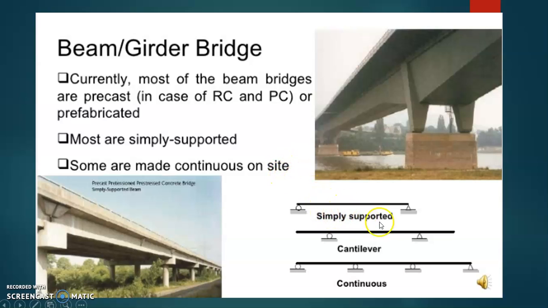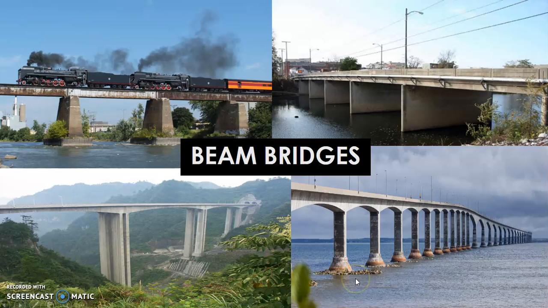We have simply supported, we have cantilever, and we have also continuous. If we need a longer beam bridge, maybe we will use the continuous one. But of course, we need to construct it simply supported plus simply supported, and then plus simply supported, and then it becomes continuous.